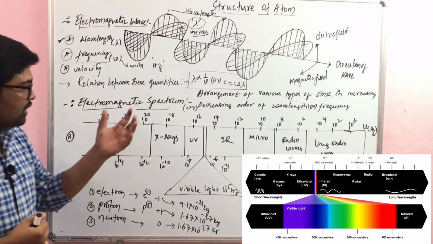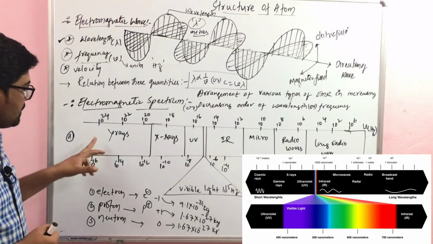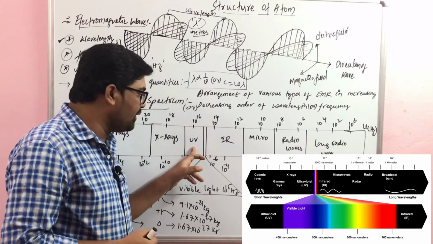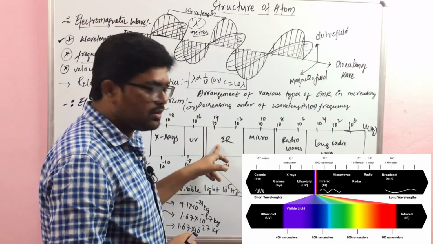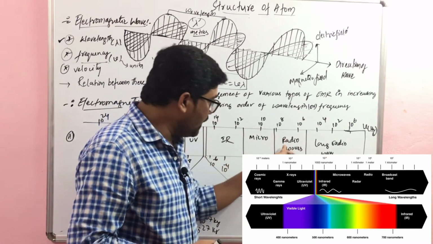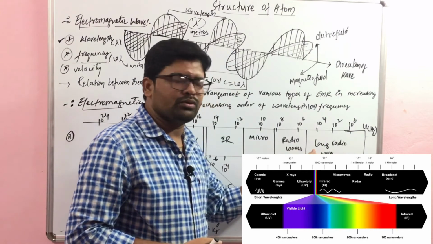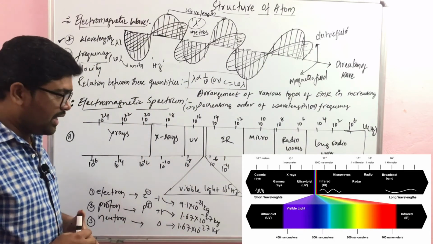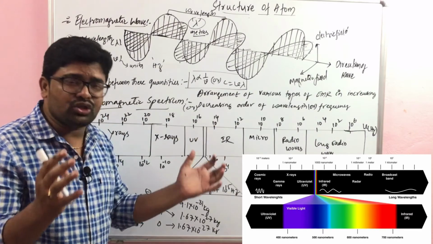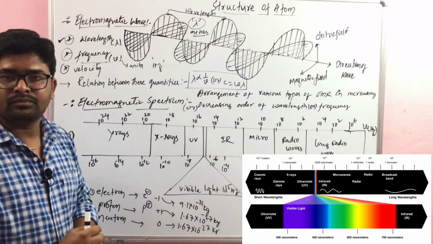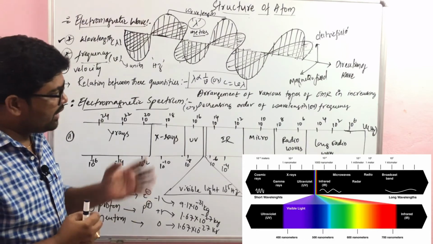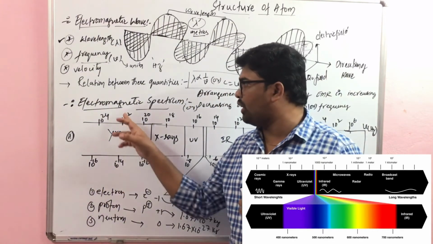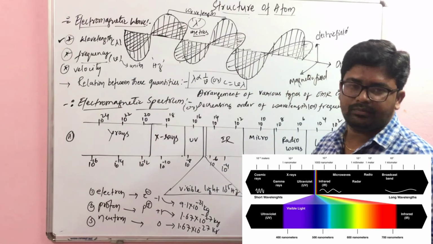The different types are gamma rays, X-rays, ultraviolet rays, infrared rays, microwaves, radio waves and long radio waves. The arrangement of this entire range in order of wavelength and frequency is called the electromagnetic spectrum.